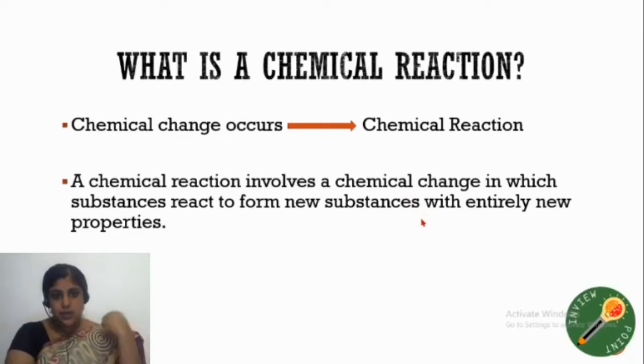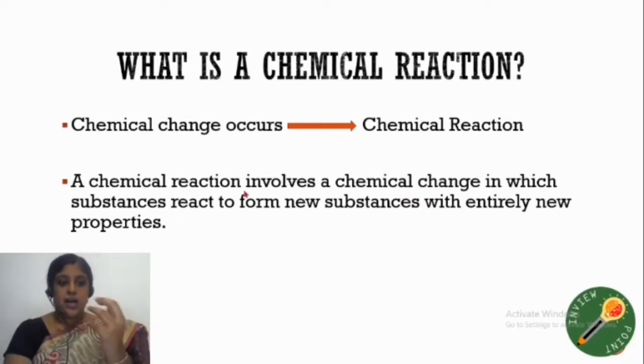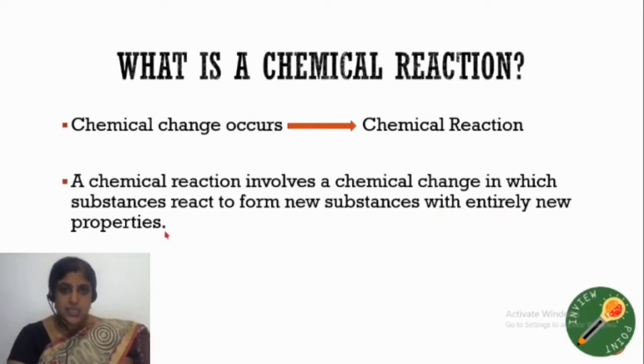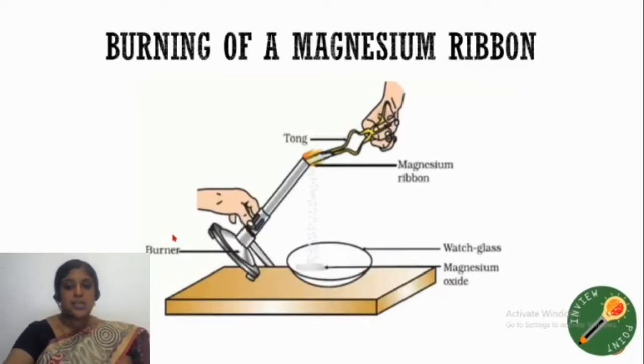Do you understand that? We'll be discussing it in detail. So what is the definition for a chemical reaction? A chemical reaction involves a chemical change in which substances react to form new substances with entirely new properties. Is that clear, students? So let's discuss chemical reaction in detail.